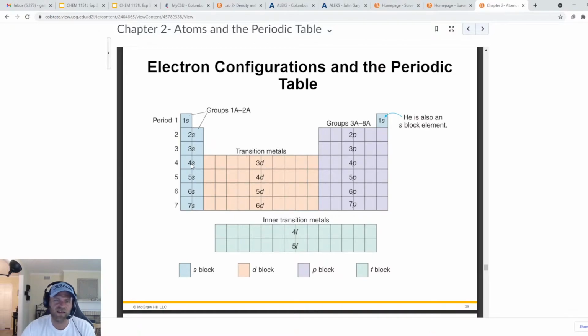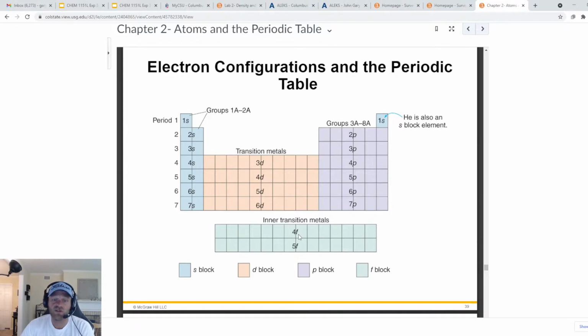So see here that after I get to 4s, I go to 3d and then back up to 4p. Okay, so the d's are always one energy level behind, and we won't get into why that is, but 3d comes after 4s, and you'll get to play with this some.